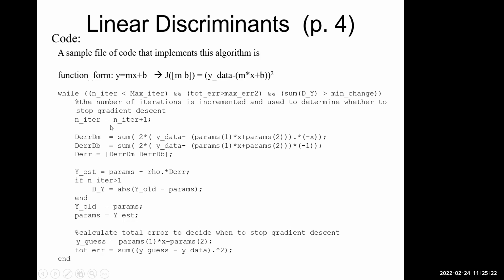We're going to increase our iteration count and take another iteration. We're going to calculate the derivative of our error with respect to our first variable, and the derivative of our error with respect to our second variable.